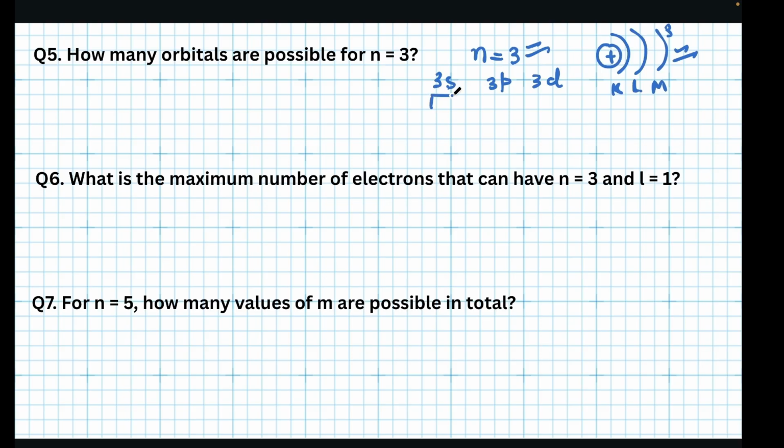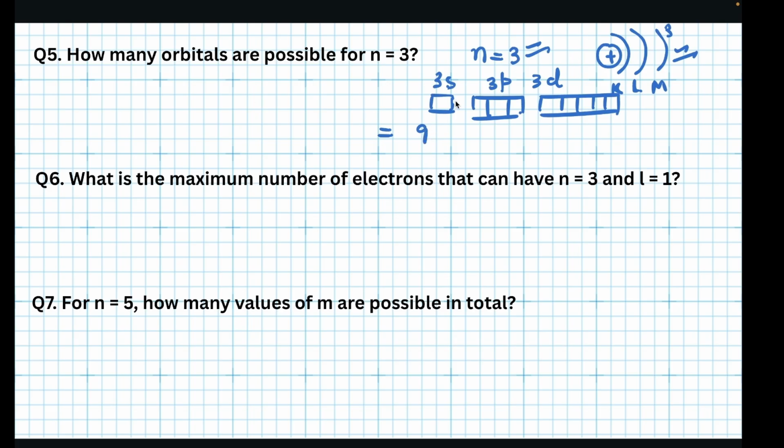For s, there is only one orbital. For p, there are 3 orbitals. And for d, there are 5 orbitals. So total orbitals will be 9.